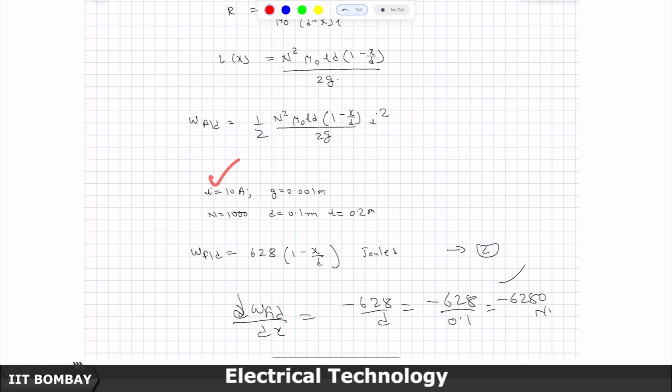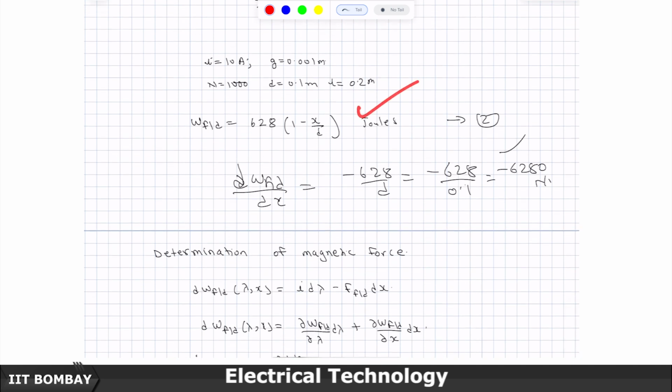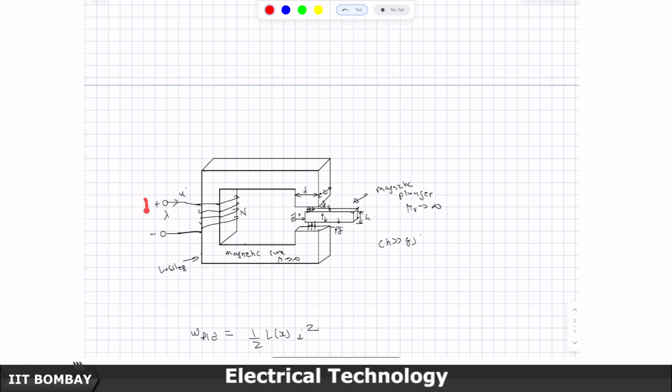Now, we took some values: let us say the current is this, the air gap is this, the number of turns is this, the distance d and L are so and so, and we got W_fld as just a function of x, because the current has been held constant. So, because the current has been held constant, the magnetic field energy now only changes according to x. It is actually like connecting a controlled current source here.